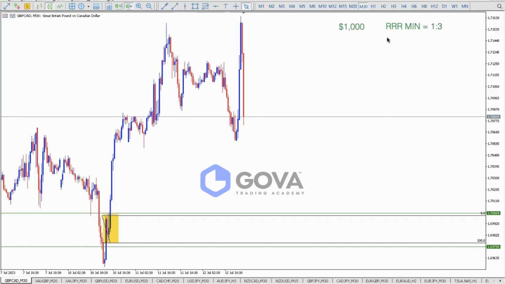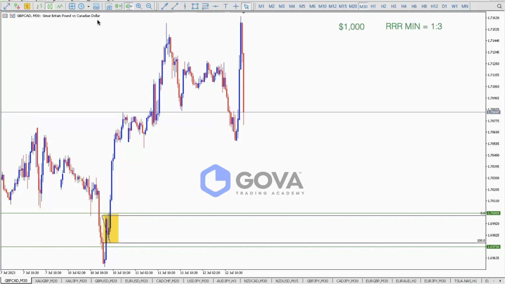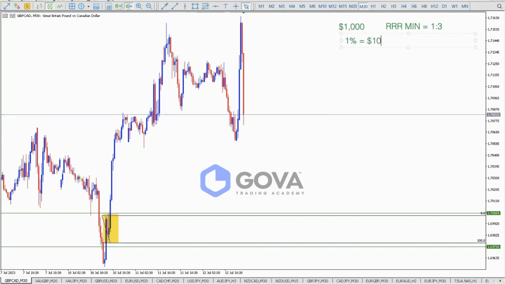First of all, what is 1% of $1,000? 1% of $1,000 is equal to $10.